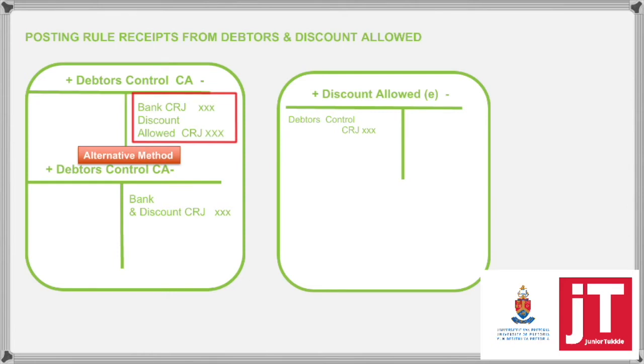And then you will still debit discount allowed. With the alternative method, you will have one total. So that one total that you have there will be the one if you have the one column method where there's a debtors control column and then a separate discount allowed column. But I'll show you that in the next slides.